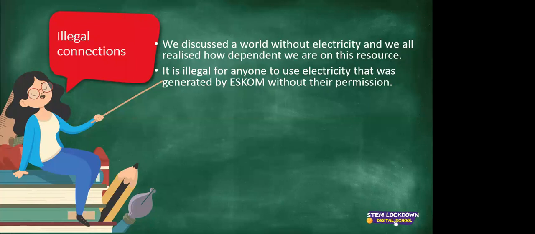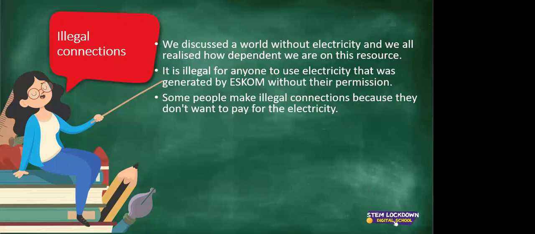Most of the time, illegal connections happen because people don't want to pay, or they don't have money to pay, and rather try to generate electricity without Eskom knowing. That is extremely illegal.